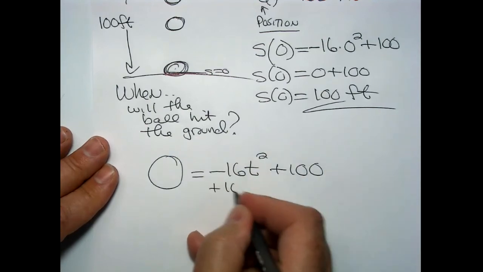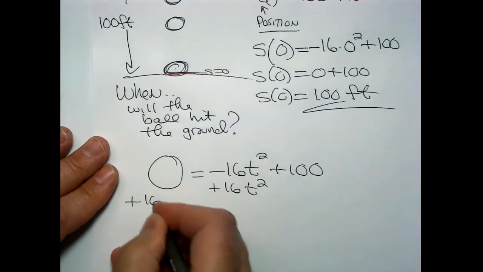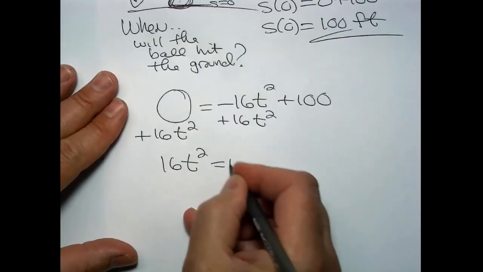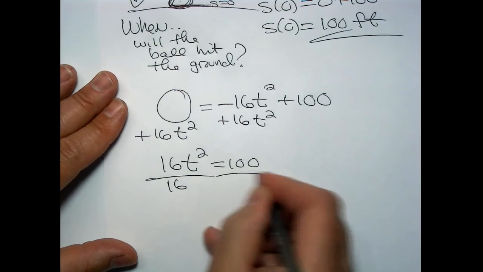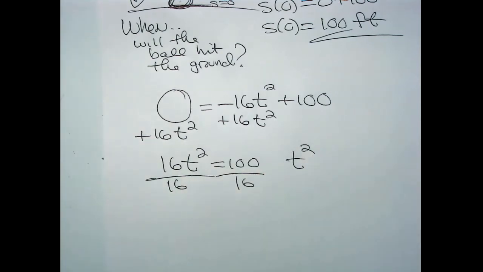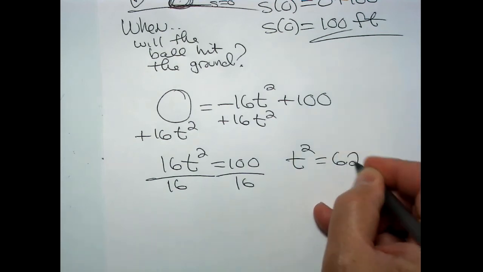Let's solve for t. So I get 16t squared is 100. I'll divide by 16. We don't need any sophisticated calculus to do this. I am going to divide this out on my calculator, however. 100 divided by 16, just so we get it right, is 6 1/4.